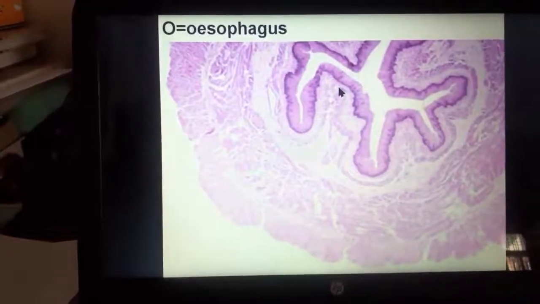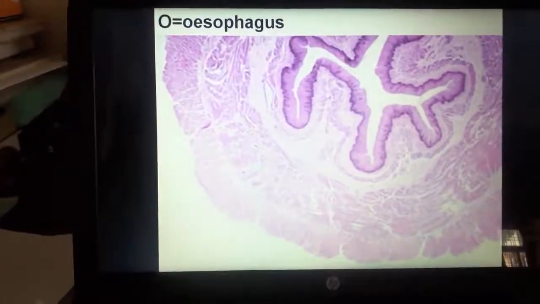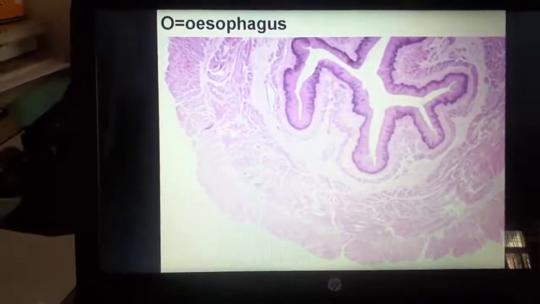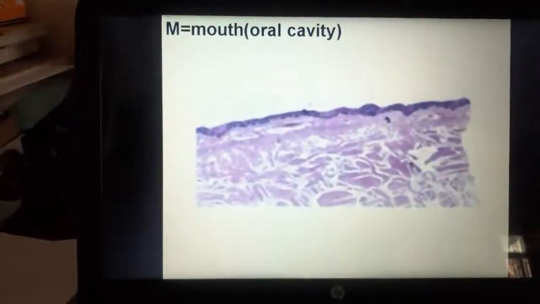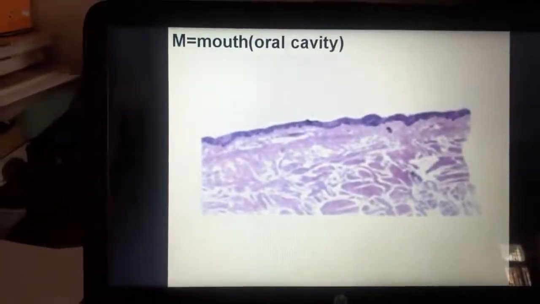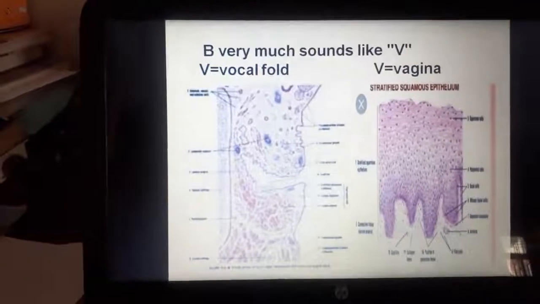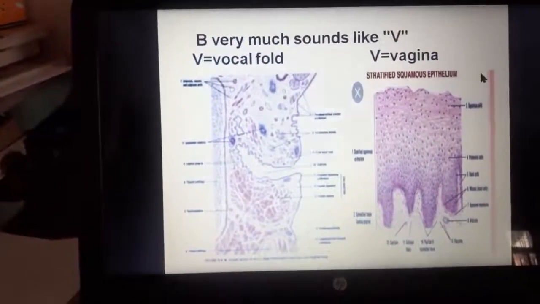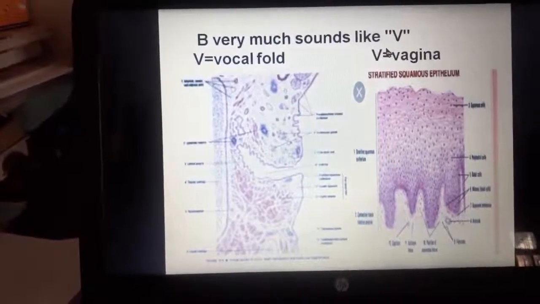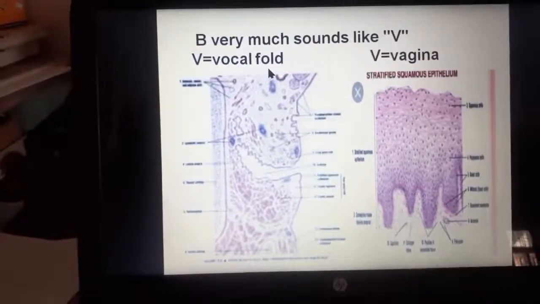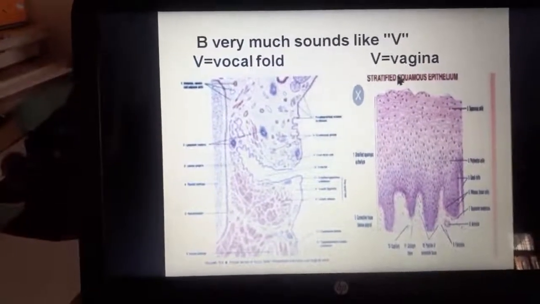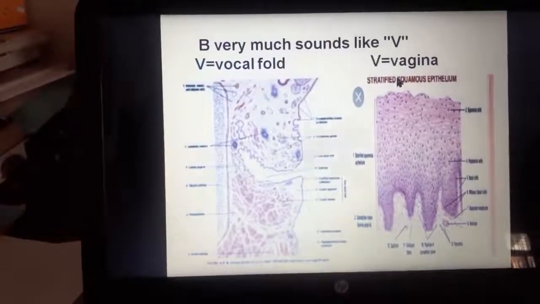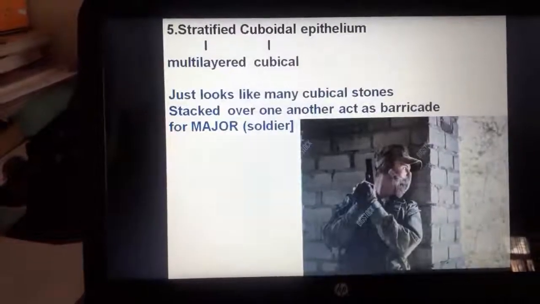And O for esophagus, stratified squamous epithelium. And M for mouth cavity, that is oral cavity. V for vocal fold and V for vagina. These are the examples of stratified squamous.